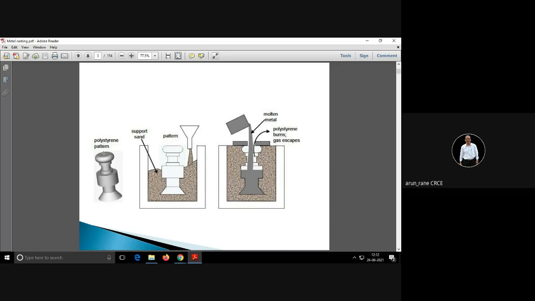Like say this is my pattern, so the product will look exactly the same. I use the words it looks same. Dimensionally there will be a difference. There will be something for the shrinkage allowance, draft allowance, etc. But shape wise, your pattern will exactly look like your product. That is what you have to remember.